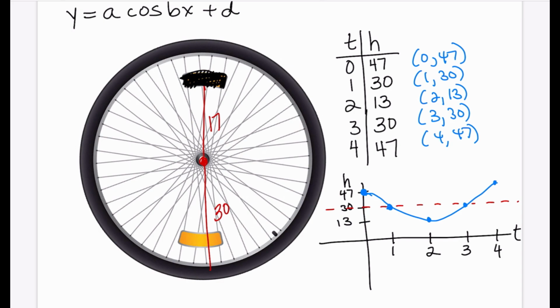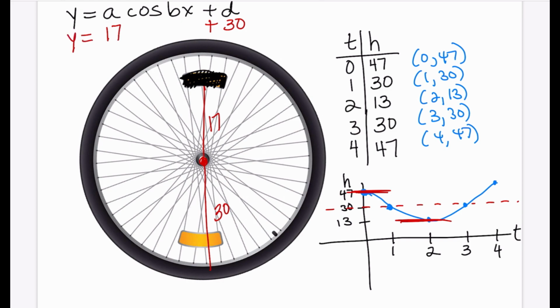So I know that d is 30. A is the amplitude. The amplitude is half the distance between the maximum and the minimum. So 47 minus 13 is 34, and half of that is 17. So I know that the amplitude is going to be 17.